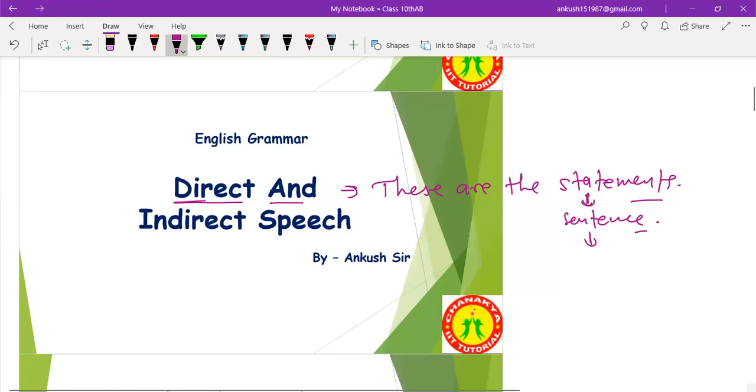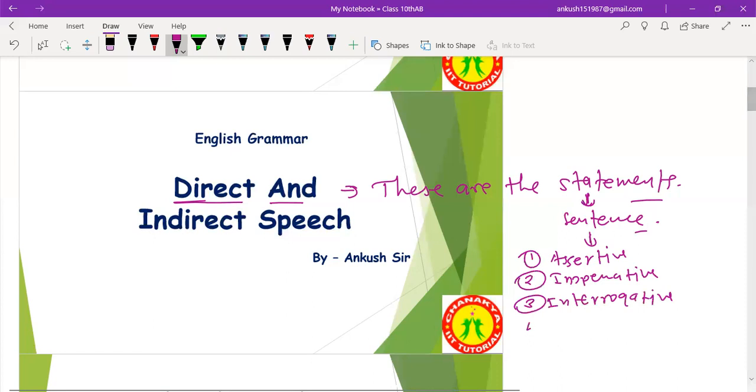Now how many kinds of sentences are there? We have four kinds mainly: assertive, imperative, interrogative, and exclamatory sentences.